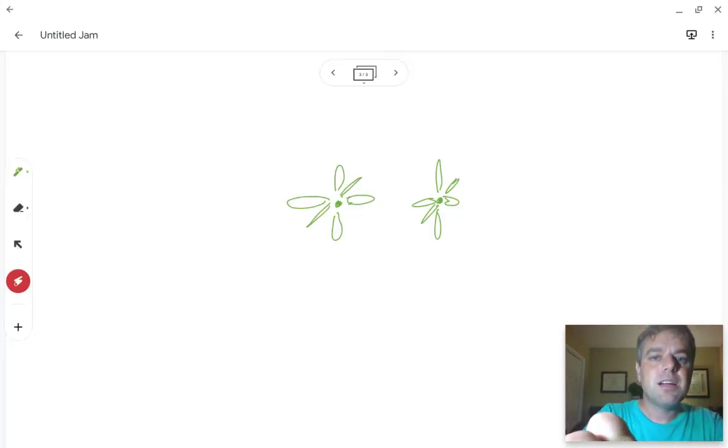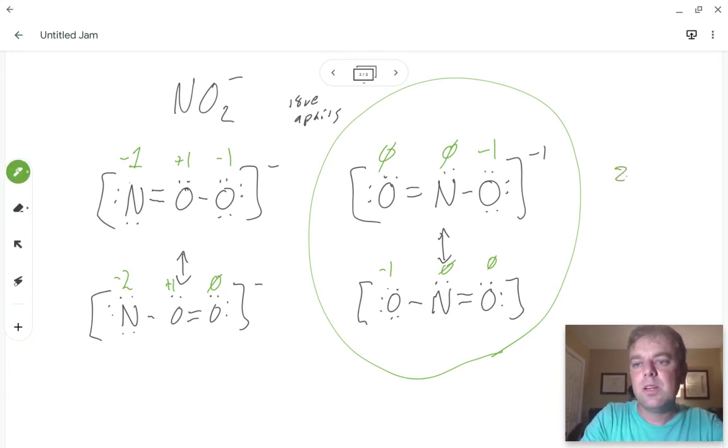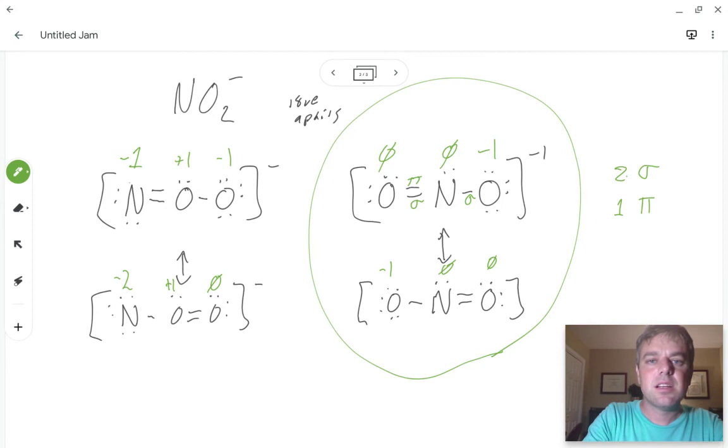But if we go back, for instance, to the NO2 molecule, what we would say is that this molecule has two sigma and one pi bond. So this is a sigma bond, one of these is a sigma bond, and the other one is a pi.